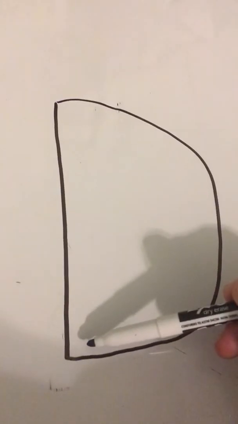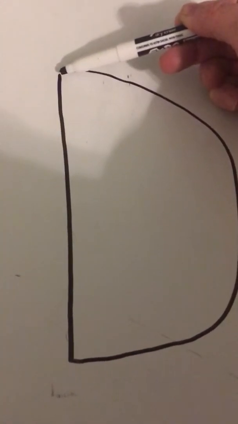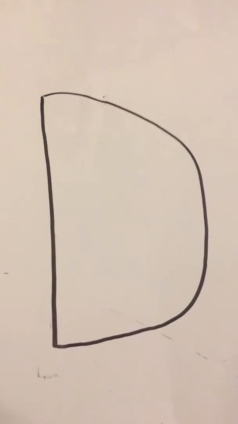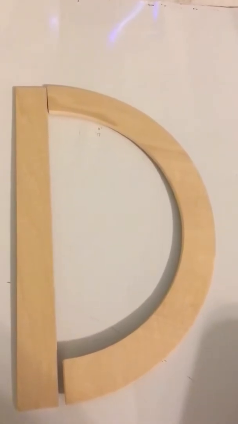Big line, jump back up to the top, big curve around. Dog, letter D. Let's build it with our wood pieces. One big line and one big curve. Letter D.